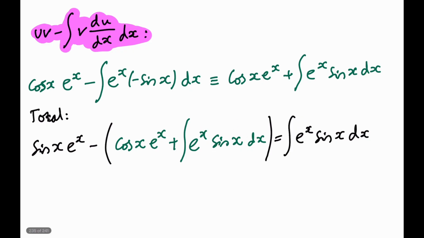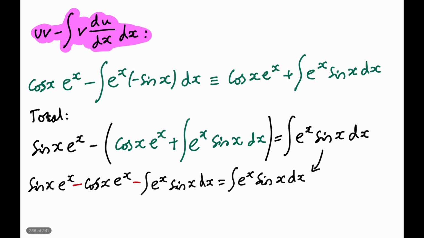And if we open up the brackets, we're just going to get sine x e to the x minus cos x e to the x. So just multiply the minus on both of these. And then we're going to get a function like this, equal to our question that we had before. So this is as far as we've gone with the integration.